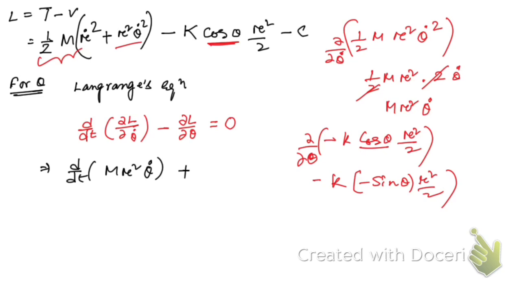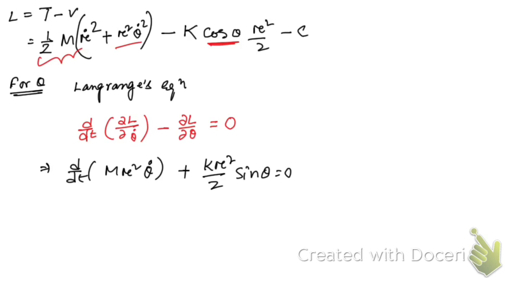So we're left with k r square by 2 sine theta is equal to 0. That's what we have got, right? So hope you have understood this. Let it be equation number 1.